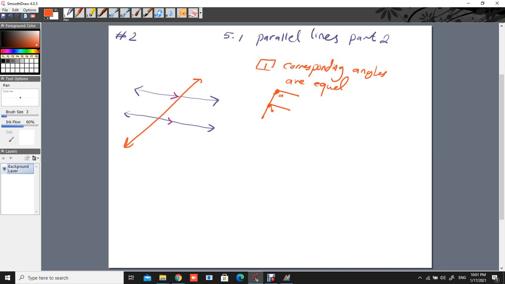Now the second kind, alternate angles. Two angles are equal and these two angles are located on opposite sides.